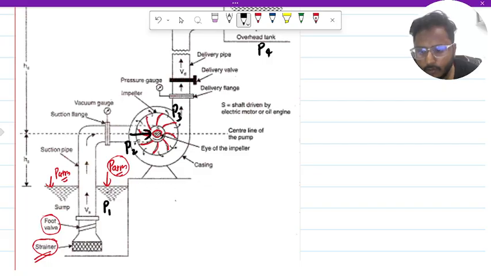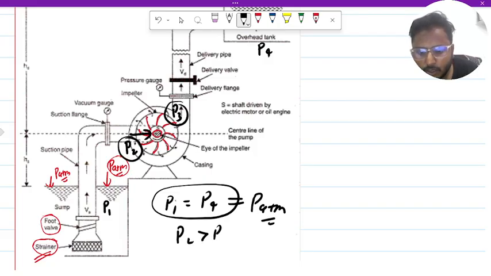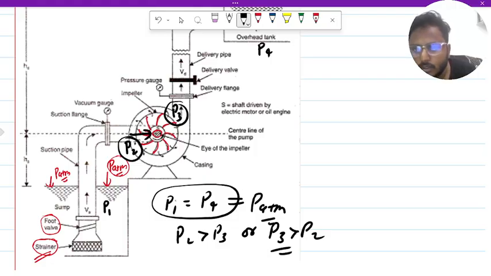So P1 equals P4, and it equals P atmospheric. Now what is the relation between P2 and P3? Which is more, P2 greater than P3, or P3 greater than P2? We must think about it.